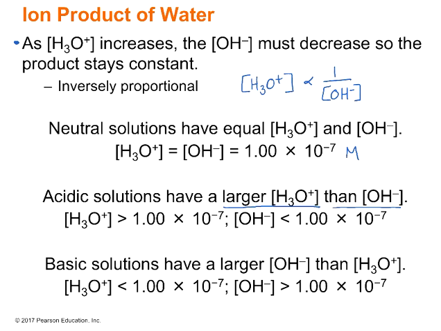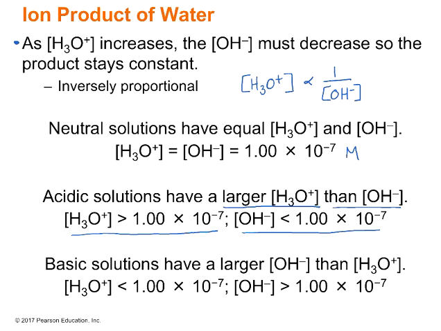However, the hydronium ions will be present to a much greater extent. So in an acidic solution, the concentration of the hydronium ions will be greater than 1 times 10 to the negative 7th, and the concentration of hydroxide ions will be less than 1 times 10 to the negative 7th. And again, those concentrations are in moles per liter.